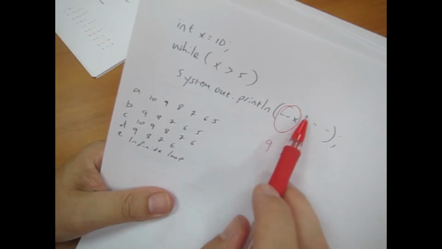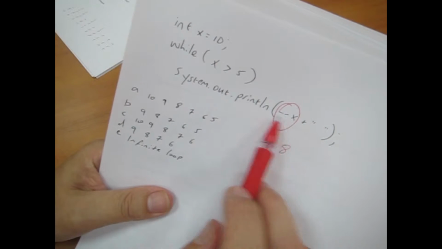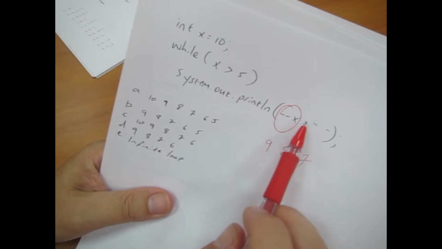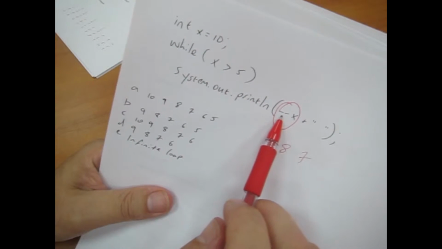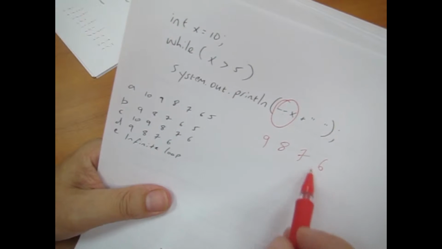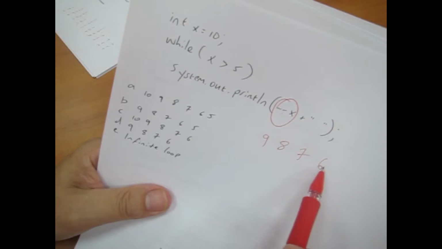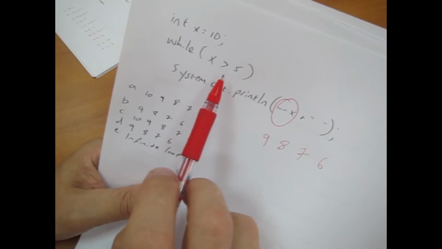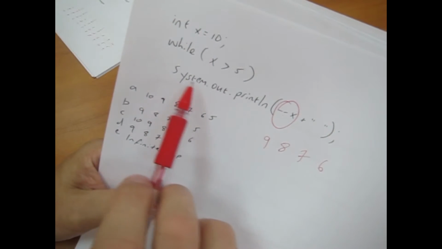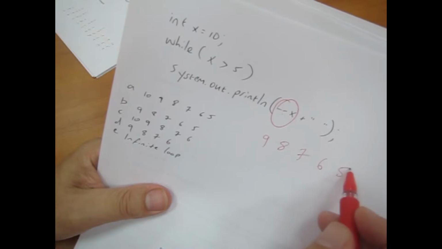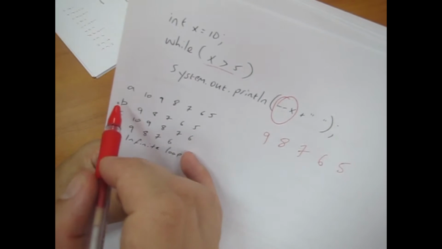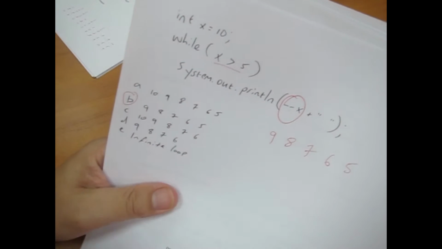So x is 8, we change it to 7, and then the result is displayed. x is 7, we change it to 6, and then display. Now, at this moment, x is equal to 6, which is still greater than 5. 6 becomes 5, and we display the result, and then that kills the condition of the loop. So the correct answer is B.